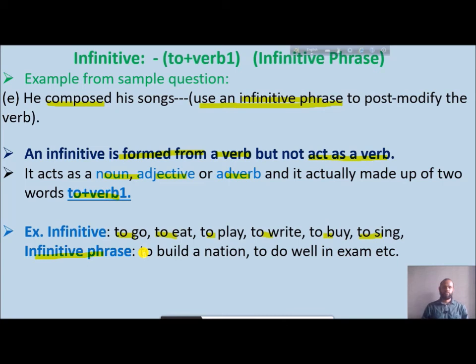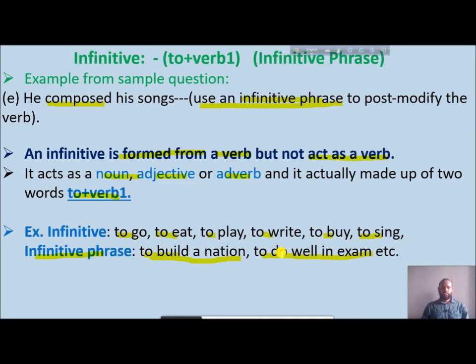It means the phrase which starts with an infinitive is called an infinitive phrase. Here you see, to build a nation is a phrase, and it is an infinitive phrase because it starts with an infinitive. To do well in exam is also an infinitive phrase, and it also starts with an infinitive, to do.